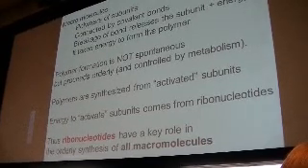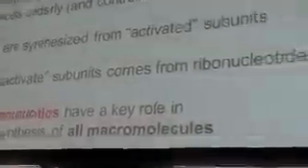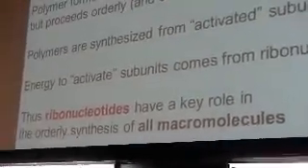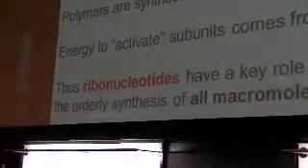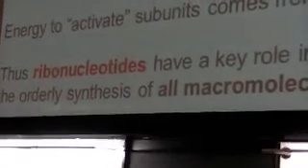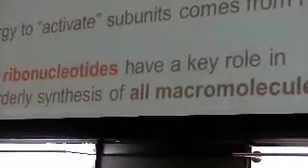Ultimately, the energy to activate the subunits always comes from the subunits of RNA, that is, the ribonucleotides. And therefore, it is true that ribonucleotides, the subunits of RNA, have a key role in the control of all of the formation of macromolecules, and therefore the formation of the entire cell and all of metabolism.